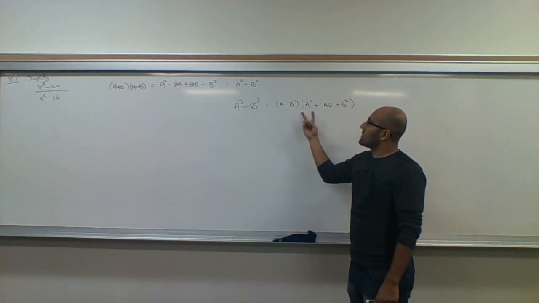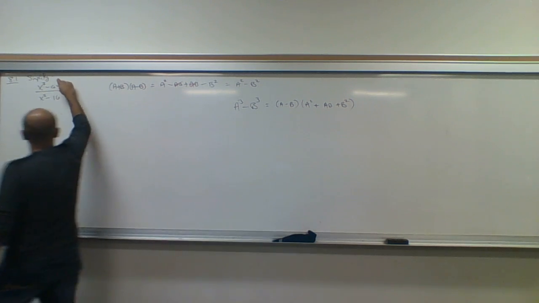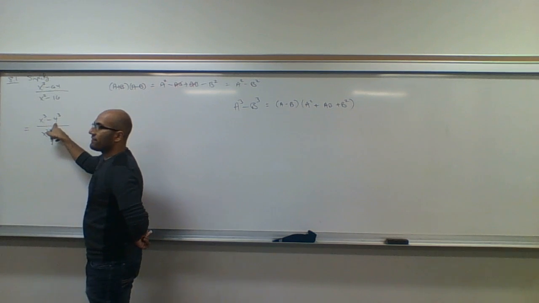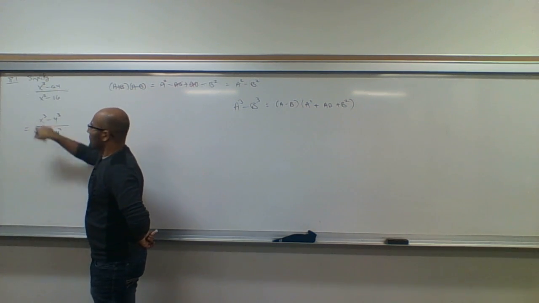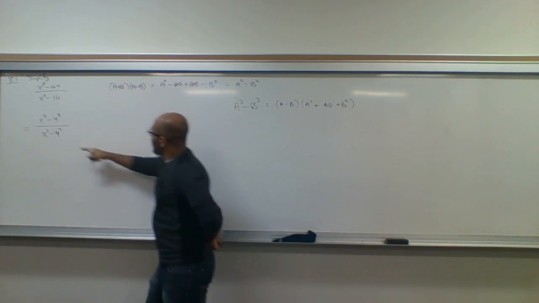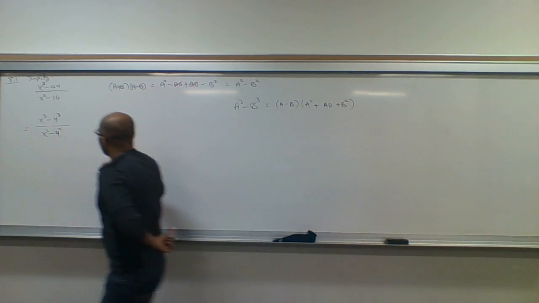Okay, so we want to use this pattern to simplify this one, and then use the other pattern to simplify the denominator. So in the numerator, let me rewrite it as x cubed minus 4 cubed, all over x squared minus 4 squared. Right? 64 is really 4 cubed. So now this one falls under this pattern, and this one follows this pattern.